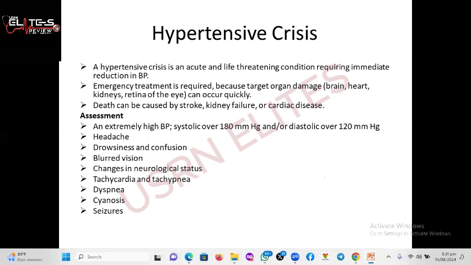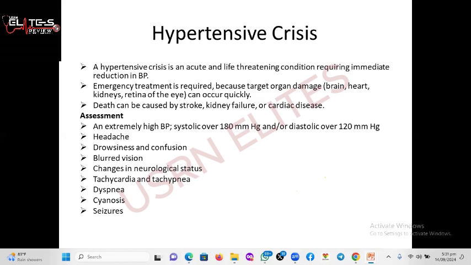When you give it, the effect on the pressure manifests within a very short period of time. So you have to monitor the pressure, making sure you don't drop it drastically, because when you drop the pressure drastically, the patient is likely to go into what we call CVA or stroke. So you need to be very careful on that.